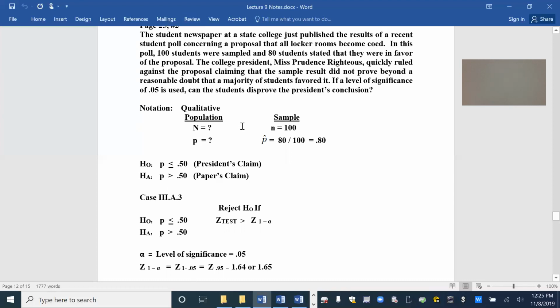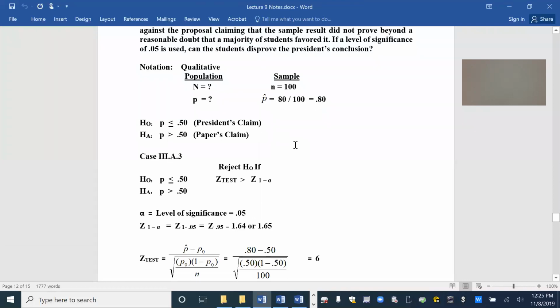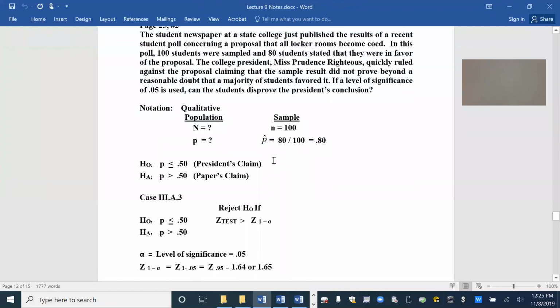So we get back yeses and nos. That's qualitative data. Are we ever going to do a census and ask everybody on this campus? What do we got, 40,000 now? They're huge. Their opinion on this? Of course not. We'll never know P. Took a sample of 100. 80 out of 100 said, yeah, I'm in favor. Okay. So we got the notation down.